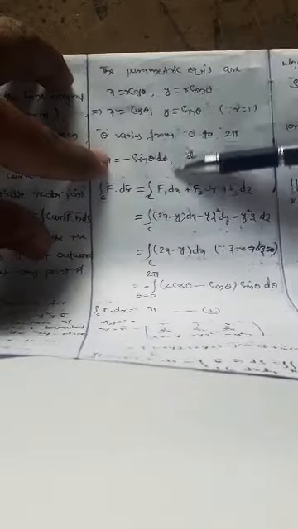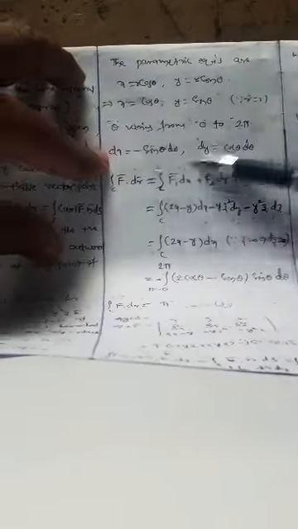So by taking the parametric equations, x equals r cos theta, y equals r sin theta, here r equals 1, so x equals cos theta, y equals sin theta. Theta varies from 0 to 2 pi, and dx equals minus sin theta d theta, dy equals cos theta d theta.